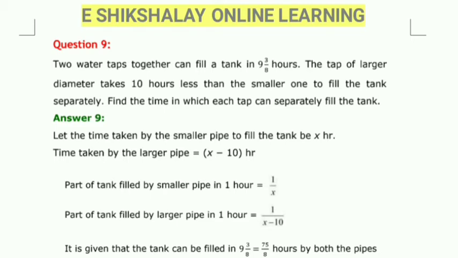Two water taps together can fill a tank in 9 and 3/8 hours. The tap of larger diameter takes 10 hours less than the smaller one to fill the tank separately. Find the time in which each tap can separately fill the tank. Very good question.